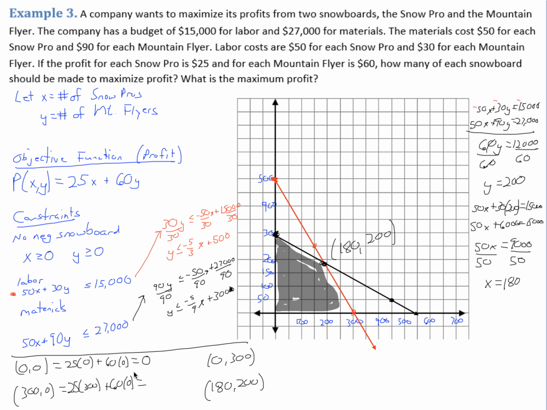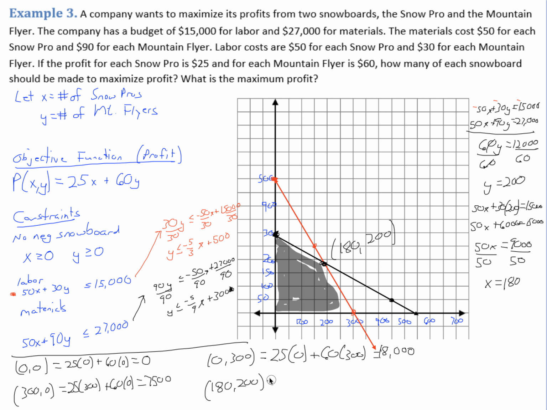Well, 25 times 300 is 7,500 plus 0, so we get 7,500. Our next one, we're going to plug 0 in for x, so we have 25 times 0, which obviously is 0, and then 60 times 300. And that will give us a profit of 18,000, because this is 0 and 60 times 300 is 18,000.